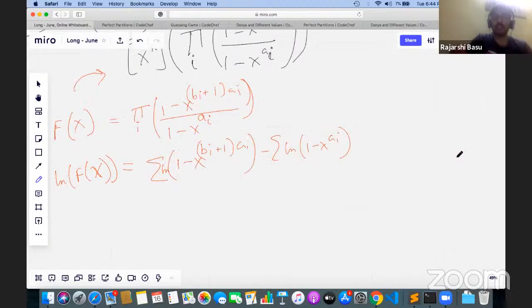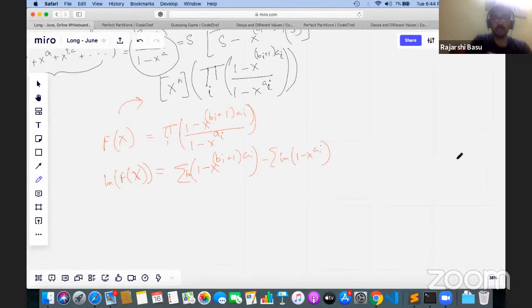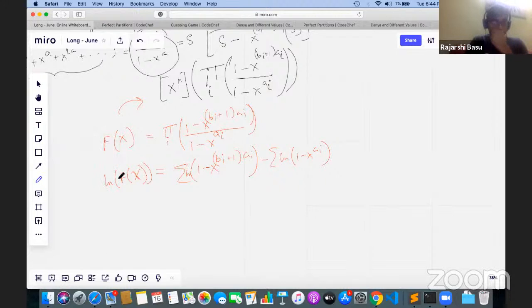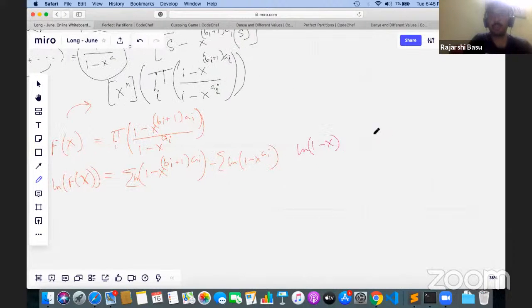Now the second thing, we need an important formula here. The expansion of ln of 1 minus x is, I think, given by minus summation x to the power i by i.